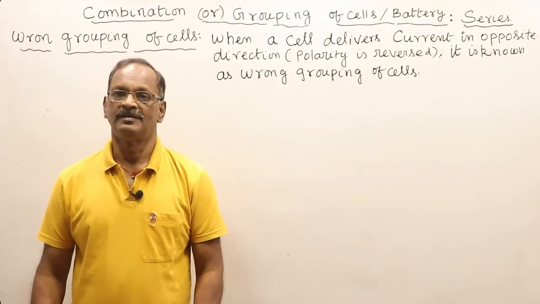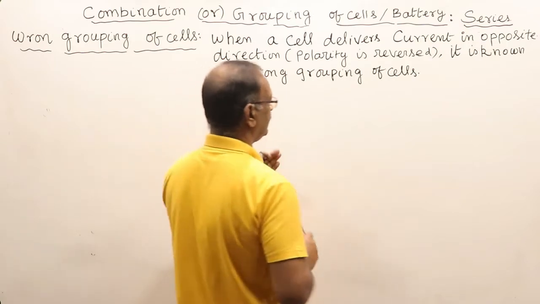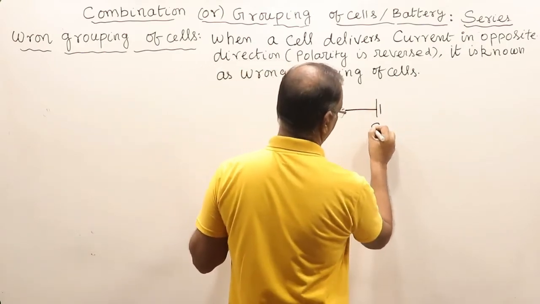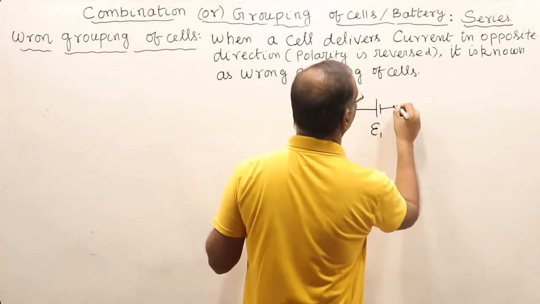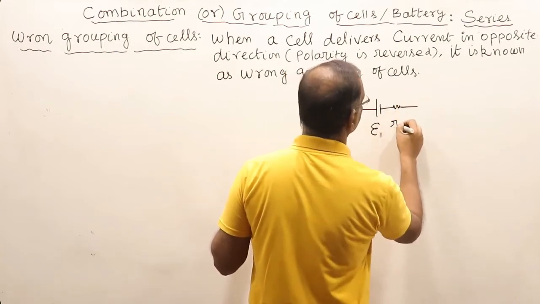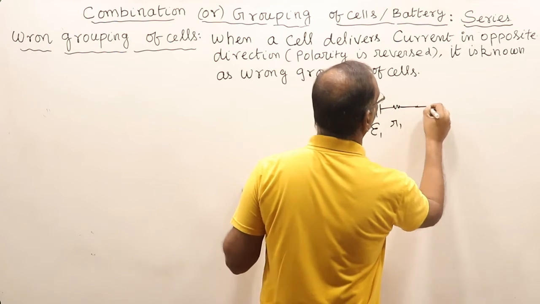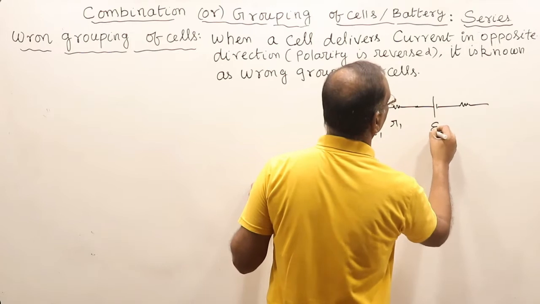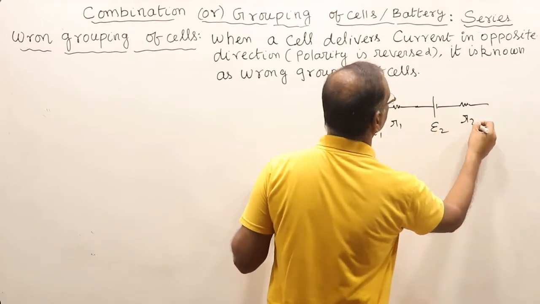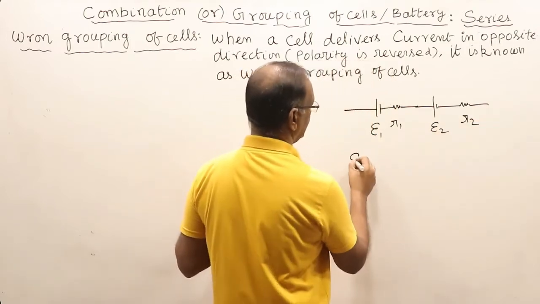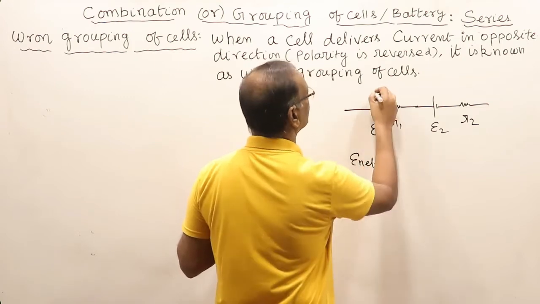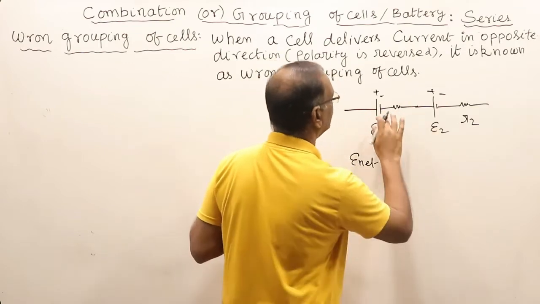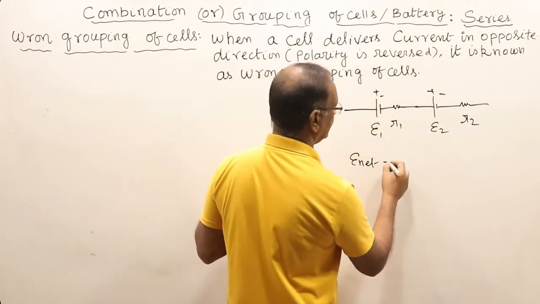Now the grouping of cells. When 2 cells are connected in series, as we have seen, one cell has EMF E1 and internal resistance R1, and one more cell has EMF E2 and internal resistance R2. When connected, the positive is connected to the negative and the negative to the positive, so it is in series.